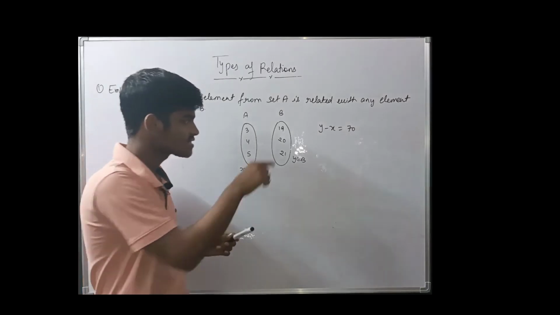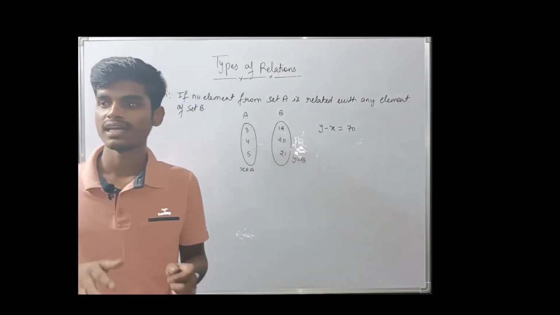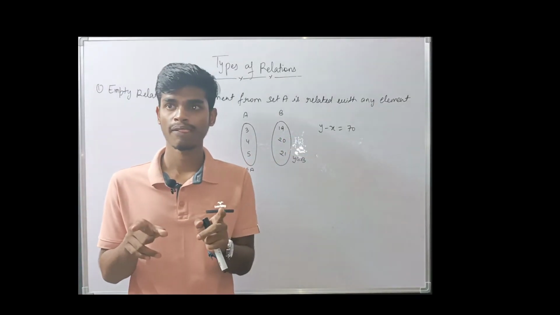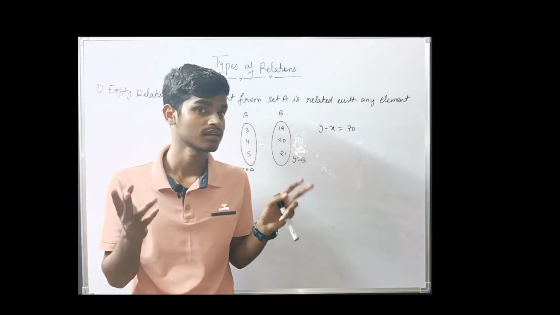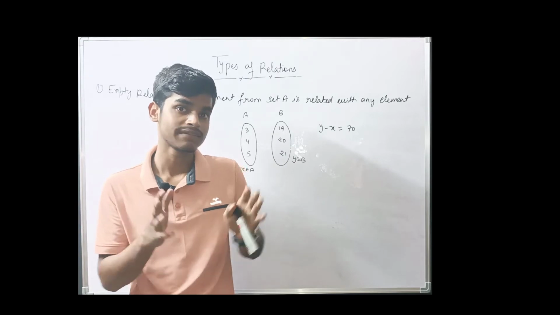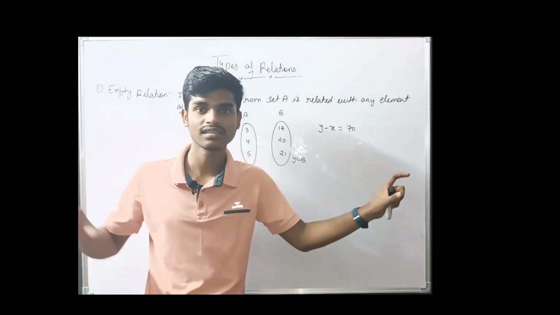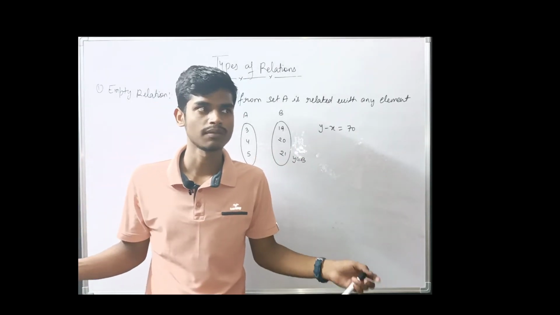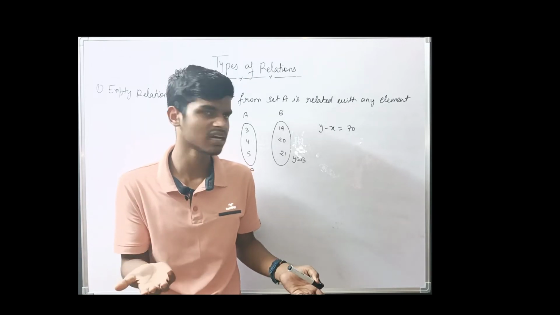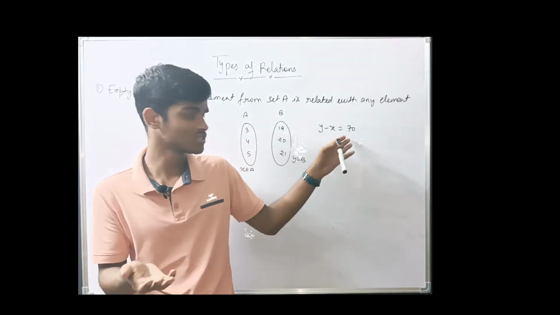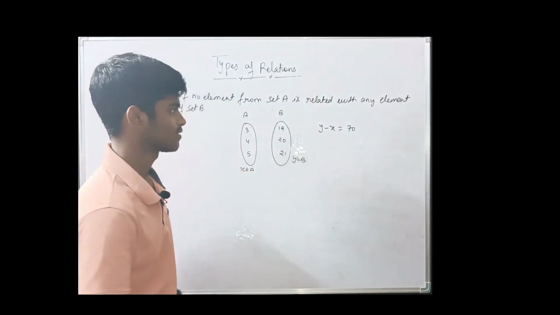I can ask the same question in a different fashion: in your school, the age difference between any two students is 70. Is this possible? Even if you take the extreme classes, nursery and 12th, it is not possible. The maximum age difference you may get is 16, 17, 18, not 70. It is too big.